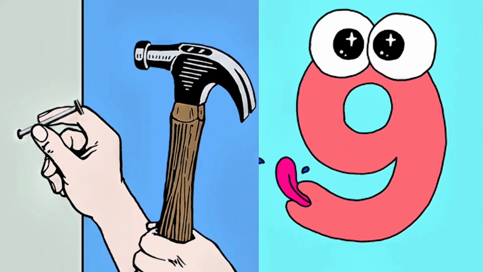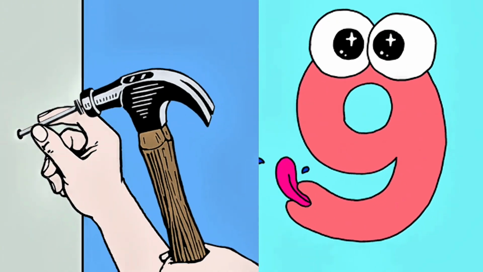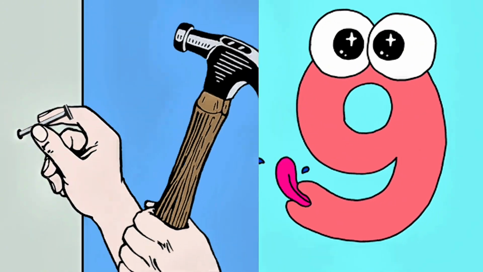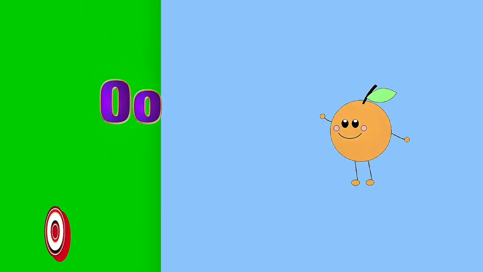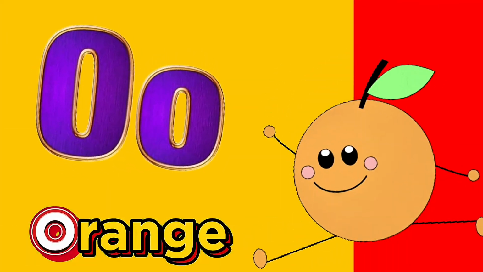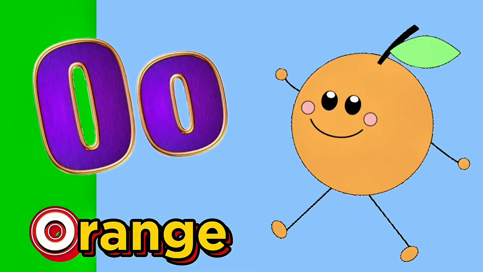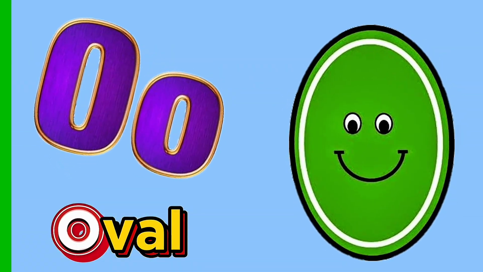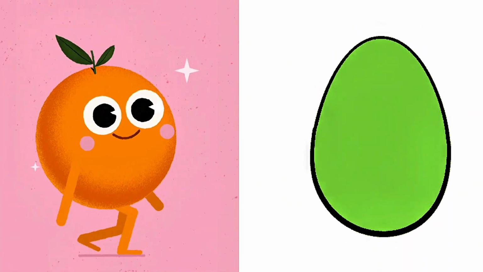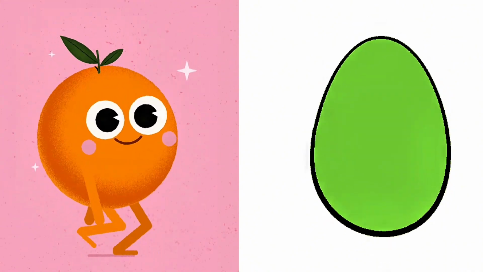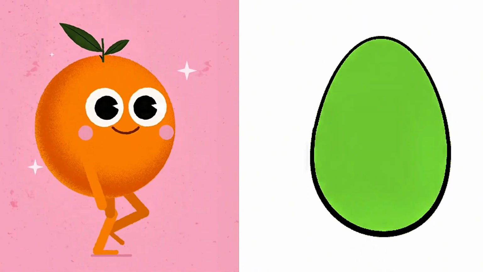N is for nail. N is for nine. O is for orange. O is for oval. O is for orange. O is for oval.